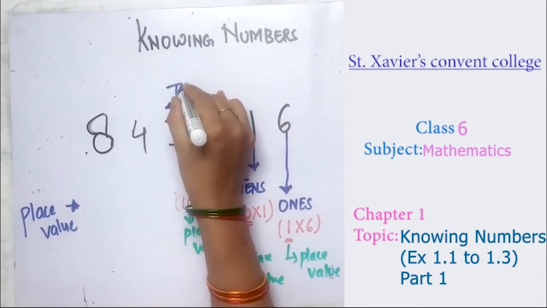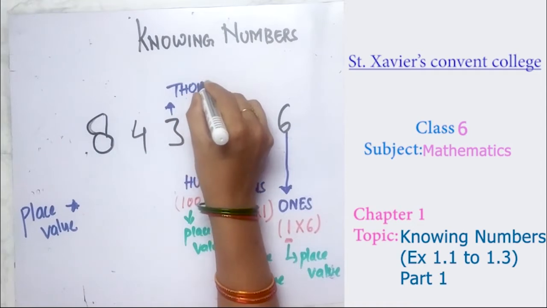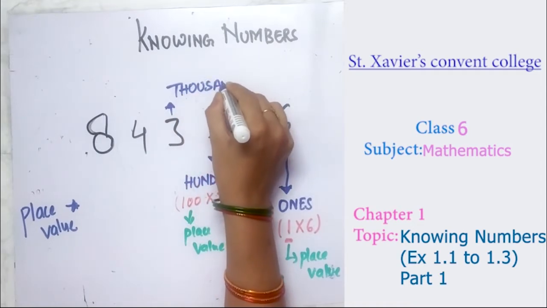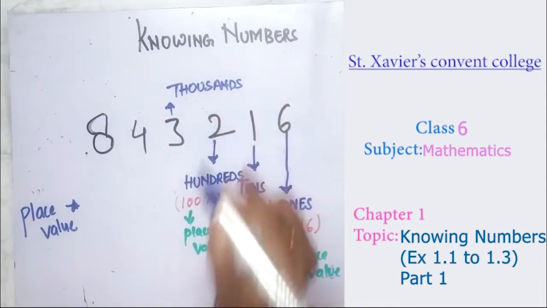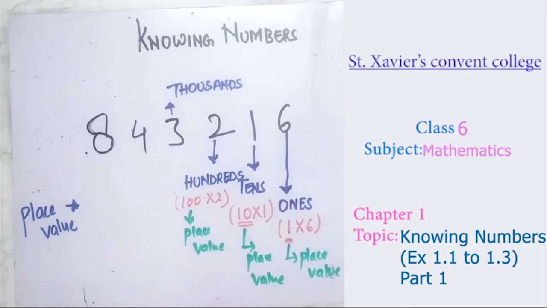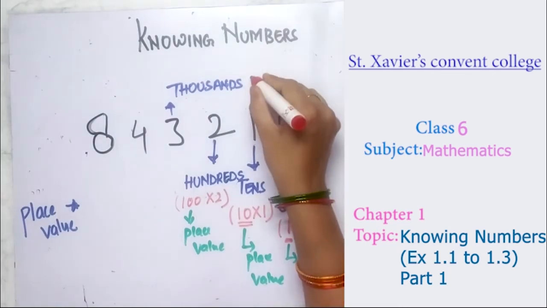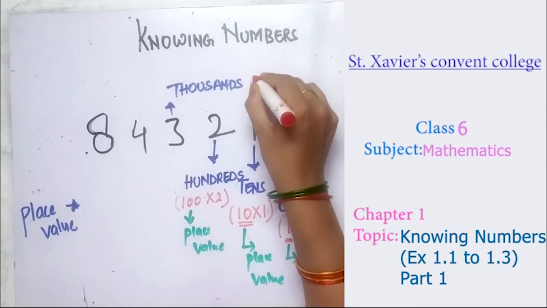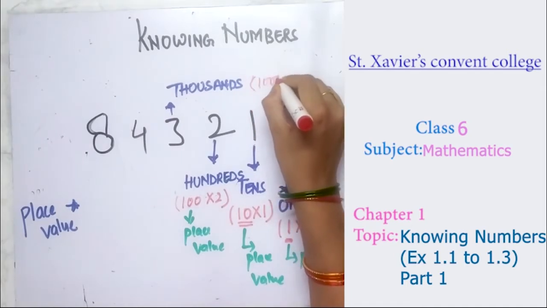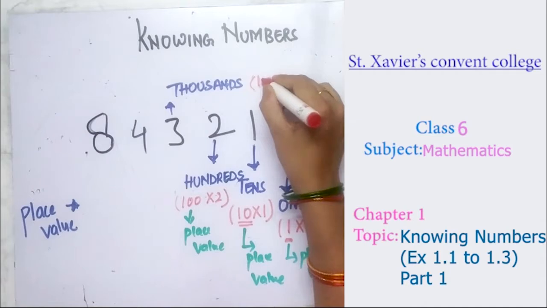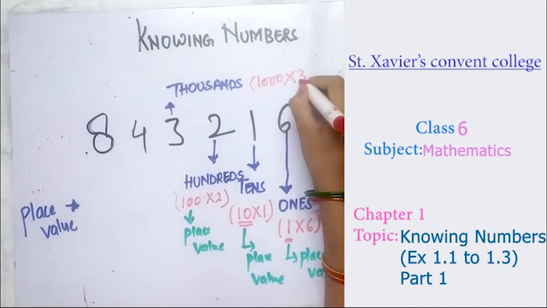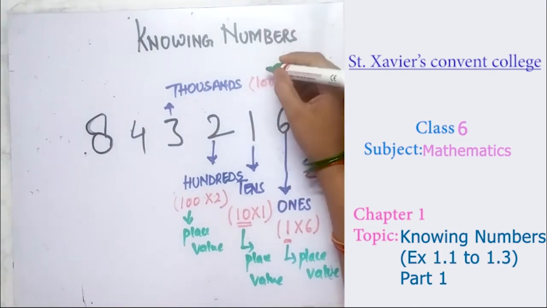Thousands. So 1000 into 3, and this 1000 stands for the place value.